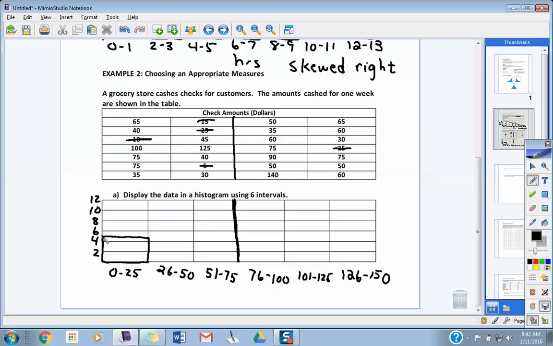Andrew, you want that one? Sure. Okay, go through and count the ones. Carson, you got 76 through 100. Jacob, will you do 101 to 125 for me? And then, let's see, 126 to 150. I'll do that one, all right?